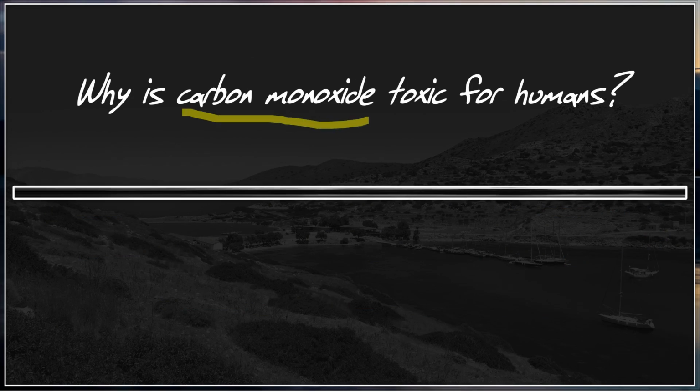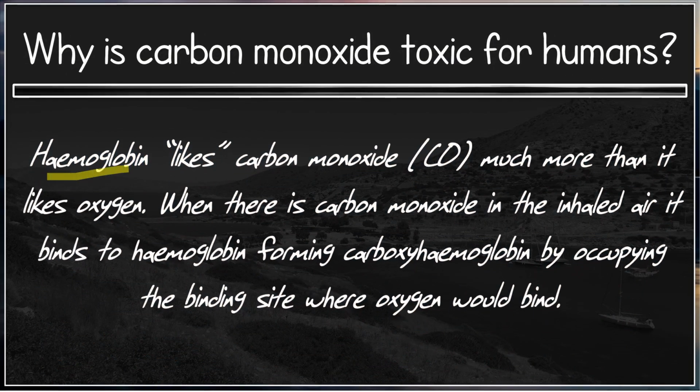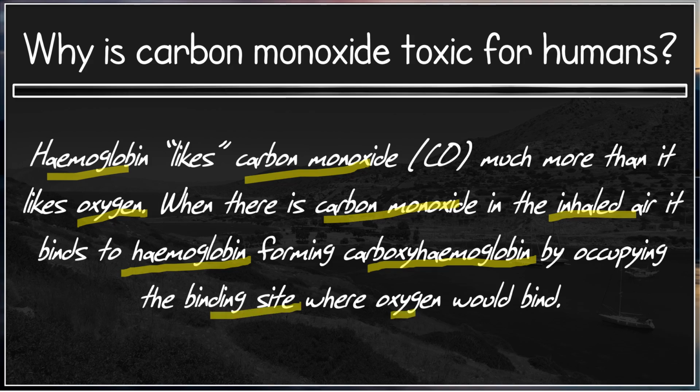Why is carbon monoxide toxic for humans? Hemoglobin likes carbon monoxide much more than it likes oxygen. When there is carbon monoxide in inhaled air, it binds to hemoglobin, forming carboxyhemoglobin by occupying the binding site where oxygen would bind.